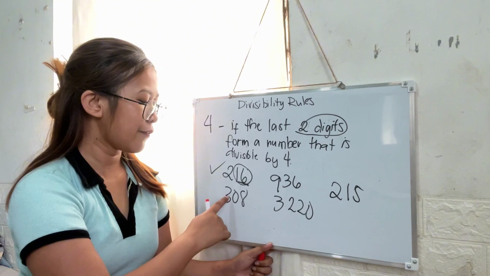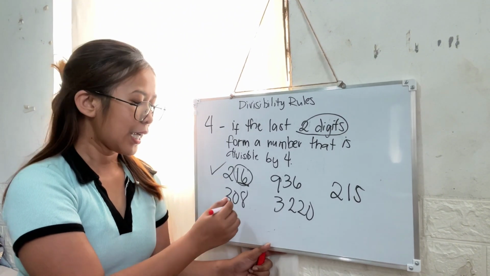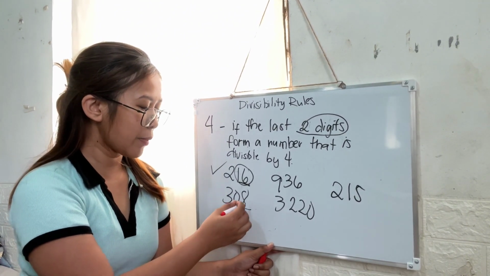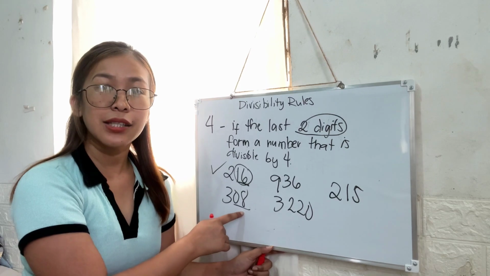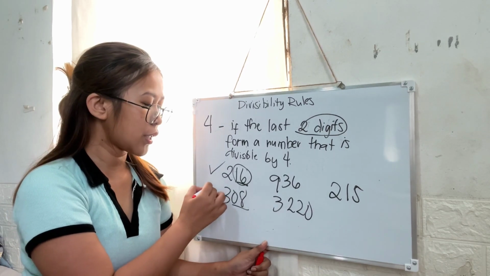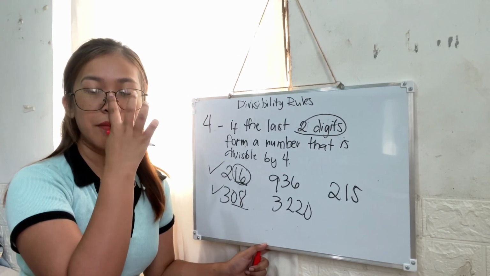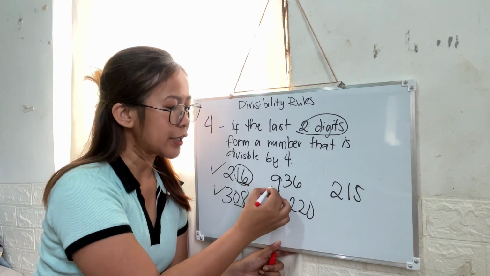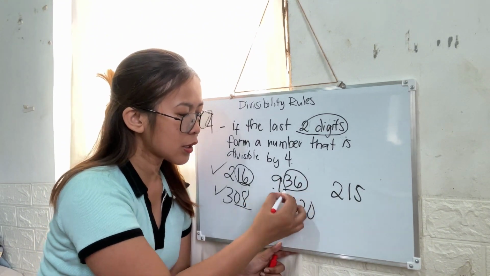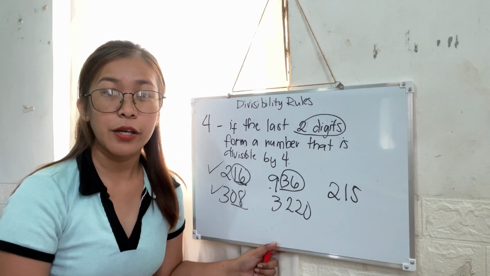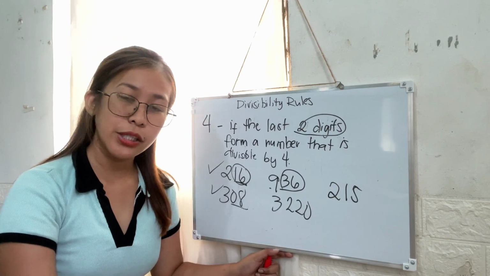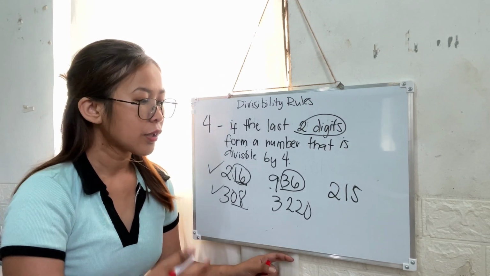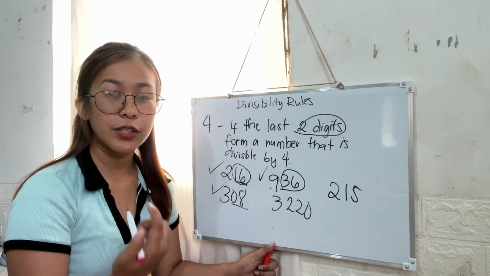Okay, so let's have 308. Ayan, 0 and 8 yan. So, basically, it's 8 lang. And 8 is divisible by 4. So, definitely, 308 can be divided by 4. Another is 936. And 36 is actually divisible by 4, or makikita mo yan sa multiplication table or sa multiples of 4. Therefore, 936 is divisible by 4.